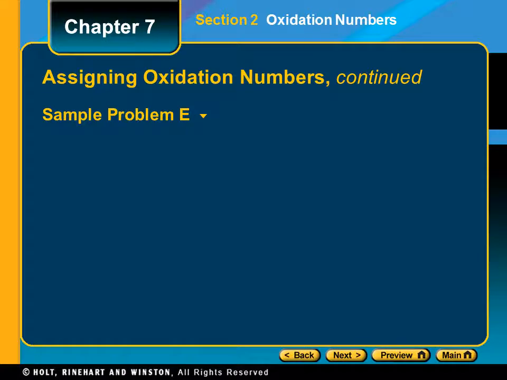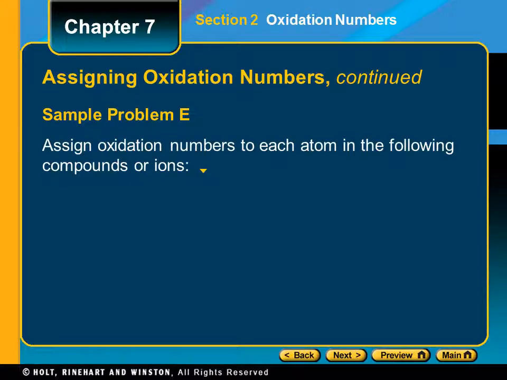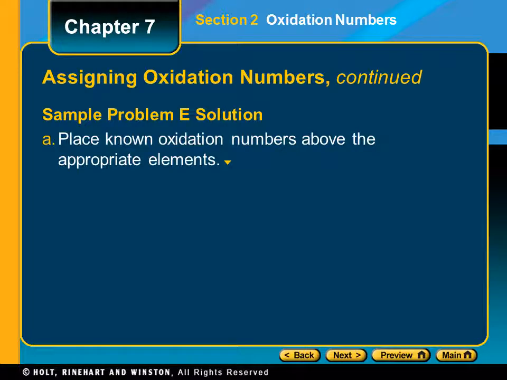How does this all work out? Assign oxidation numbers to each atom in the following compounds or ions. So you've got UF6, H2SO4, and ClO3-, a polyatomic ion. Place known oxidation numbers above the appropriate elements.